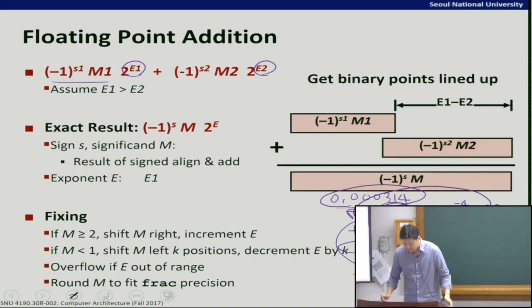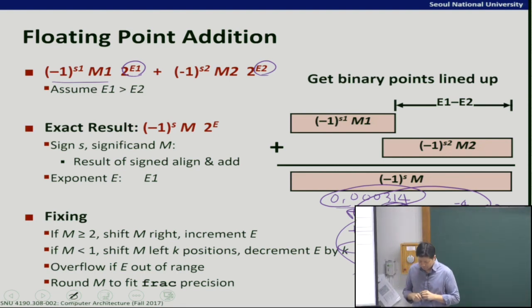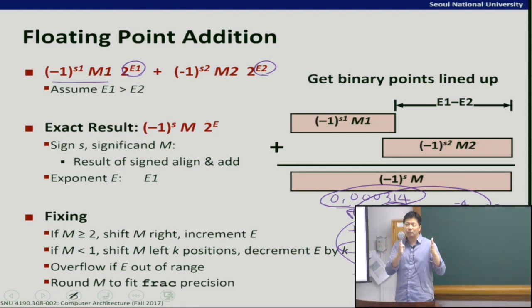So once you do this addition, you may still have to do some fixing. If m is greater than 2, then you have to shift m to the right and increment the value of e as we did before. And if m is less than 1, then you have to shift it the other direction, because we always start the first digit with 1, right?